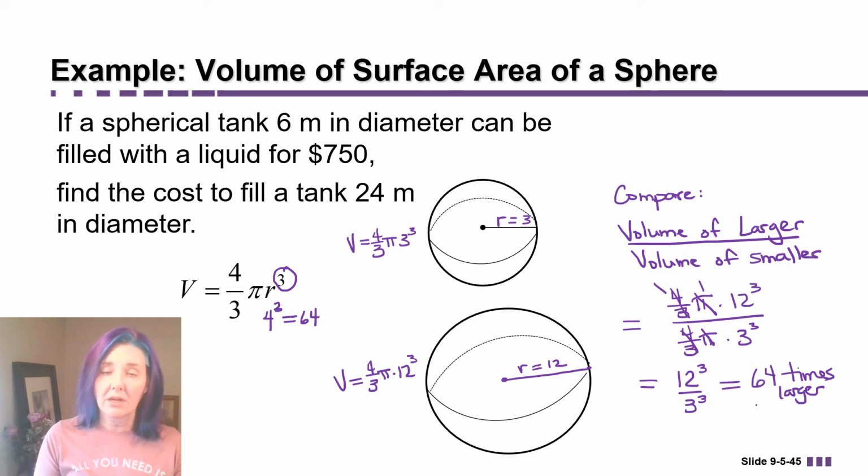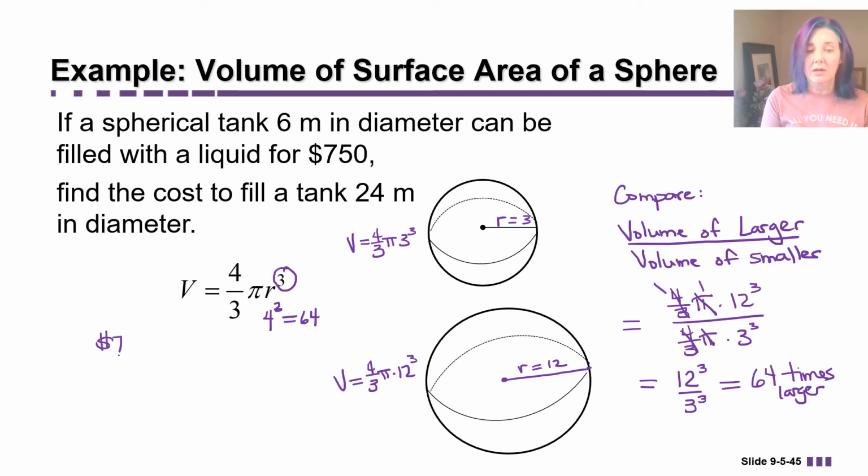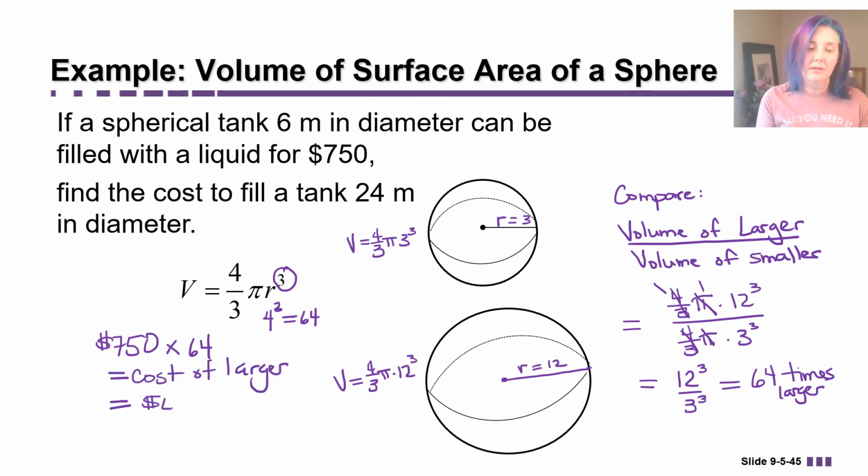Well, if it was $750 to fill the smaller tank, and here we have a tank that's 64 times larger, it stands to reason it would cost 64 times as much. So you're then going to multiply the cost of the smaller, 750, times 64 to get the cost of the larger. So that's going to actually be $48,000. Wow, this is a much larger tank. My picture doesn't do it justice.